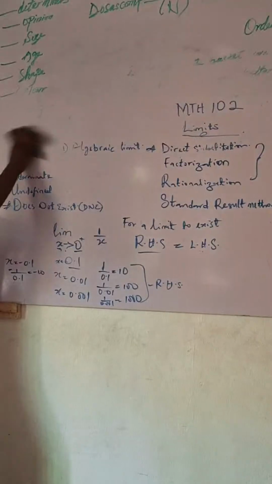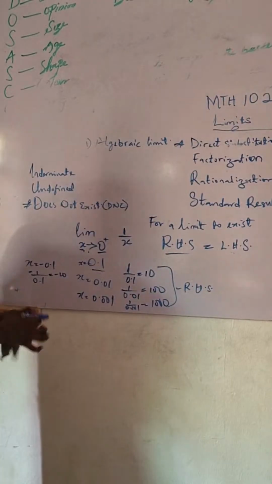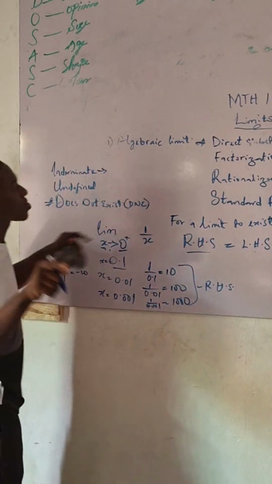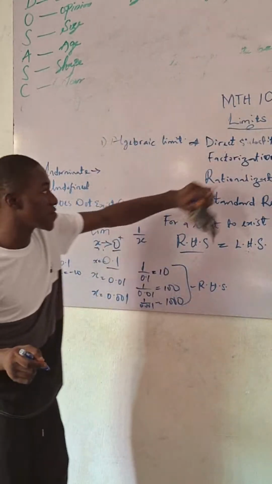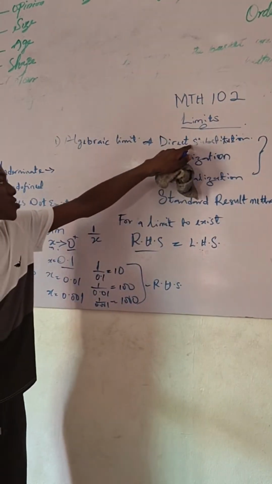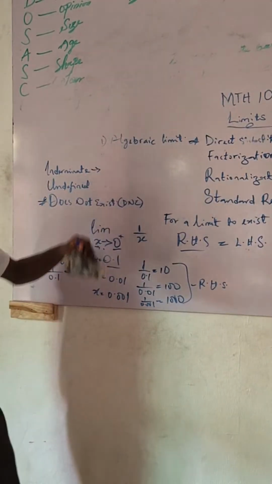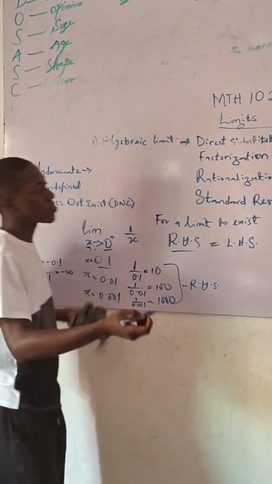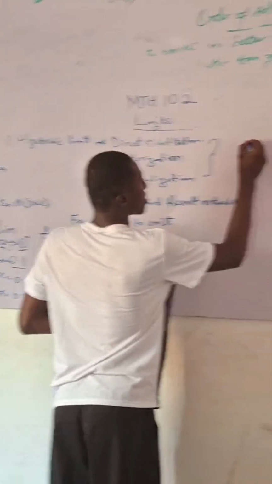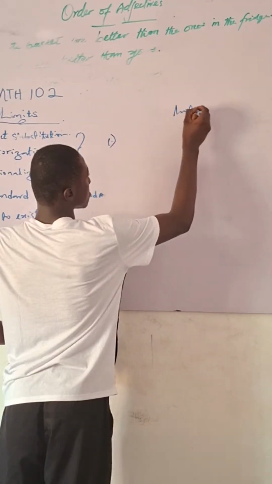Indeterminate. How do you know when you get indeterminate values? So for indeterminate values, know that when I was talking before, I said for you to solve the limit, you have to use direct substitution. So now, check if when you use direct substitution, how do you know if you are getting an indeterminate value? When you use your direct substitution, then you get something like 4 over 7, then this is just indeterminate form.